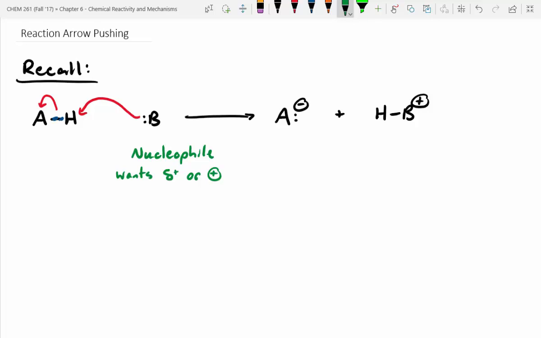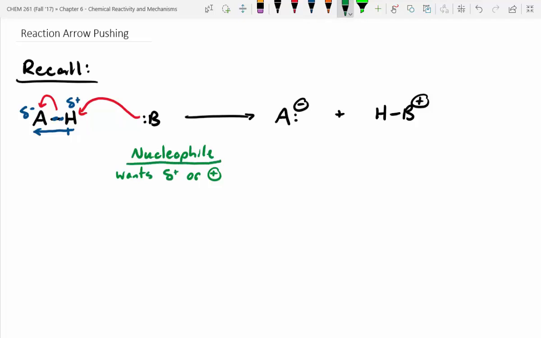So in this case, if we think about HA, A usually is pulling electron density away from that proton. So this proton over here is delta positive, and A is delta negative, which is why it's happy taking those electrons. So can you see how that base wants that partial positive on the proton and wants to pluck it off? That means that it's a nucleophile.